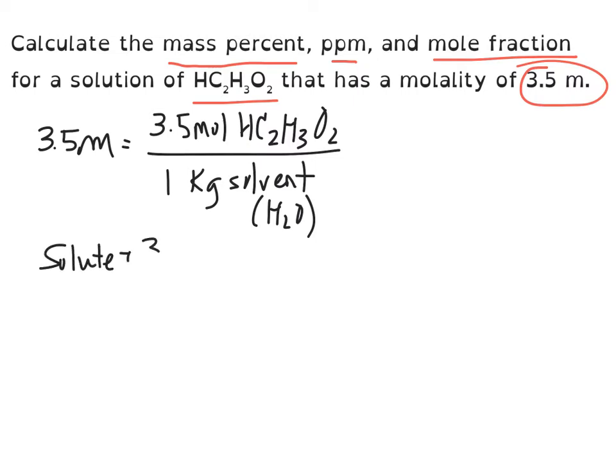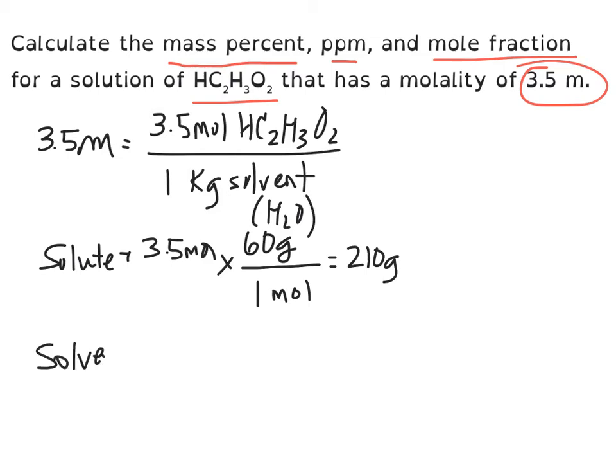So for my solute, I have 3.5 moles of acetic acid. I'm going to divide that by 1 mole and multiply it by the molar mass of acetic acid, which is 60 grams. That will give me 210 grams of my solute. 1 kilogram of water is equal to 1,000 grams of water.